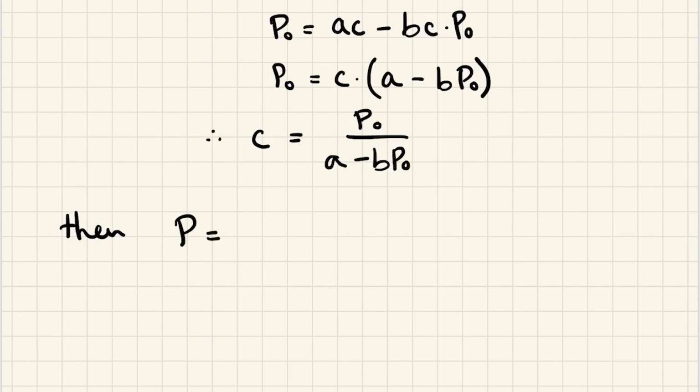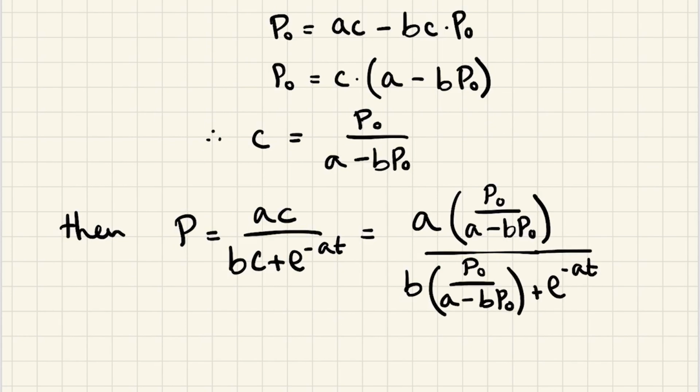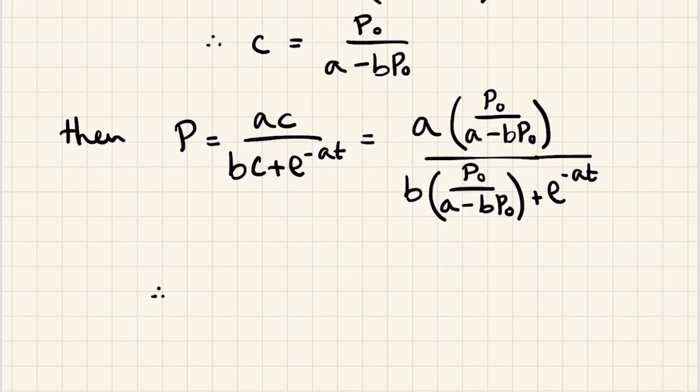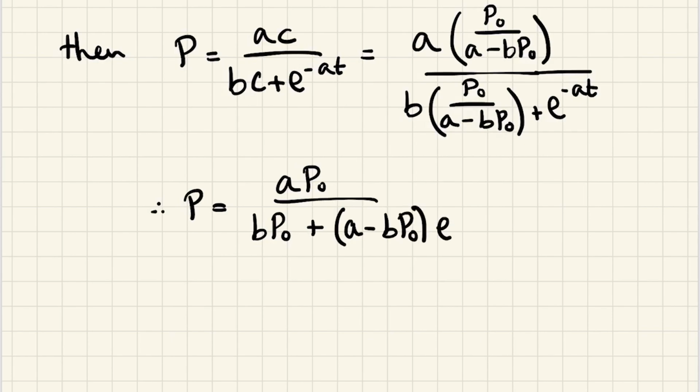So then our differential equation's solution, which was this, becomes a times this creature here. Oh, this is looking lovely. Okay, well, it's not so bad, because we can just multiply the top and bottom by a minus bP0, and we get aP0 over bP0 plus a minus bP0 e to the negative at.